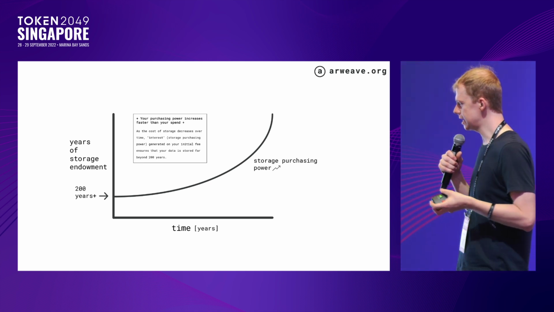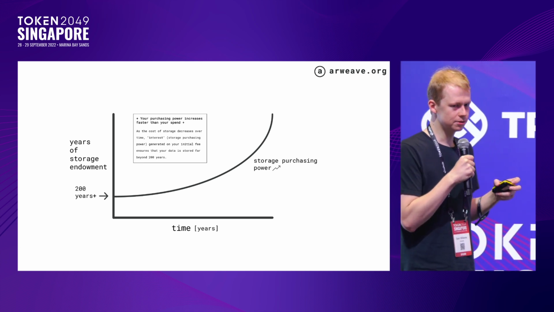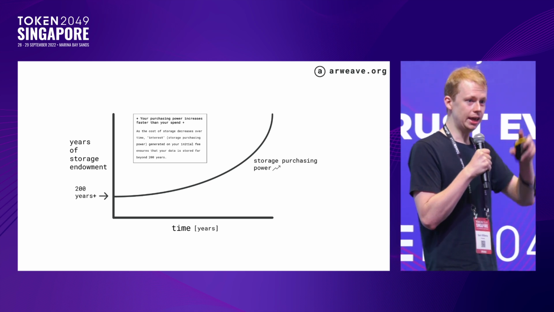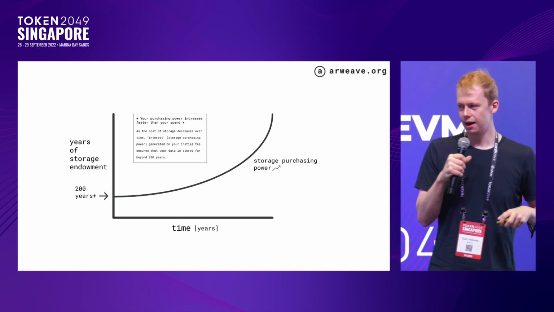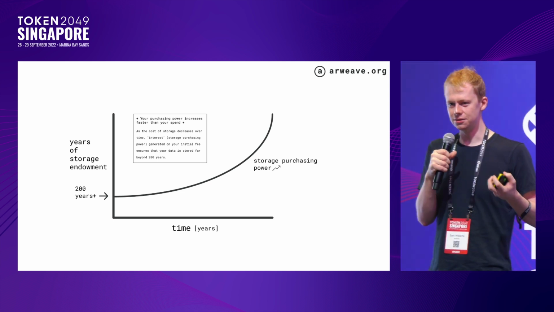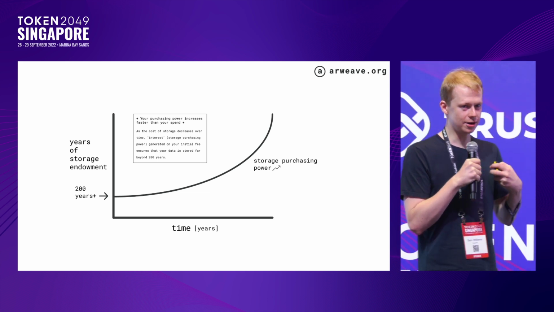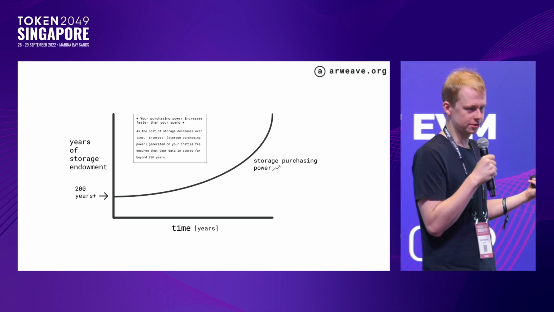In fact, over the last 50 years, this type of system has yielded a 30.5% return in storage purchasing power on average, which is pretty remarkable. But you can't use that yield for anything other than purchasing storage. So it works great for us, but you can't financialize this product.